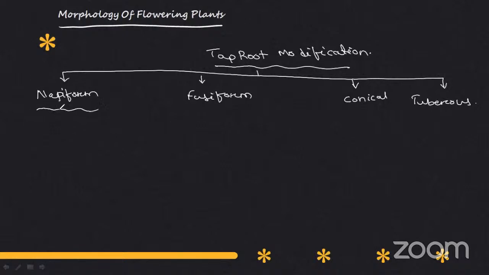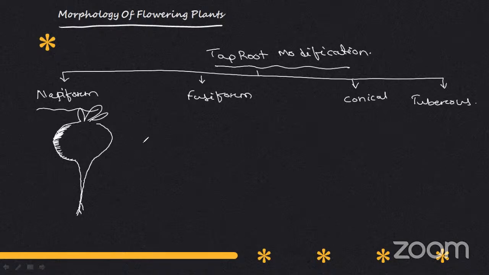So in case of your napiform, what happened here? The root is very swollen at the upper part, but slightly tapering at the lowermost part. This is seen in case of your Beta vulgaris, or your beet. This is the napiform shape, according to the different shapes taken by your root for modification.